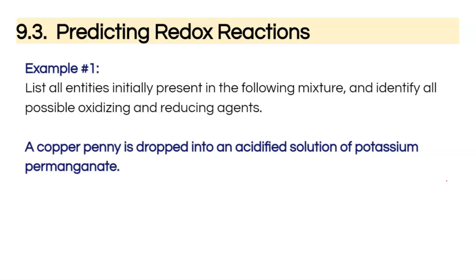So in this particular question, we're saying a copper penny is dropped into an acidified solution of potassium permanganate. I want to remind you that in the back of your chemistry textbook, you should be able to find in the appendix a list of all polyatomic ions and their associated charges.